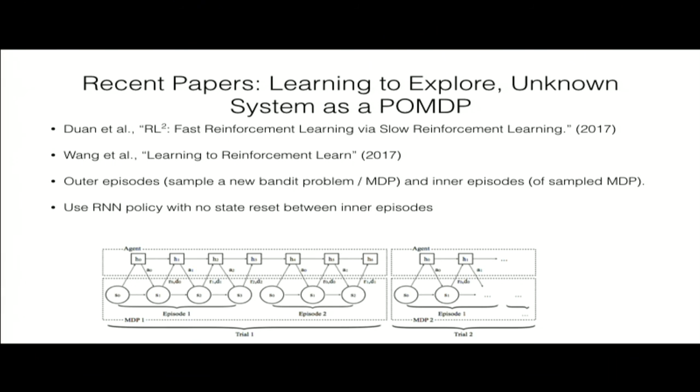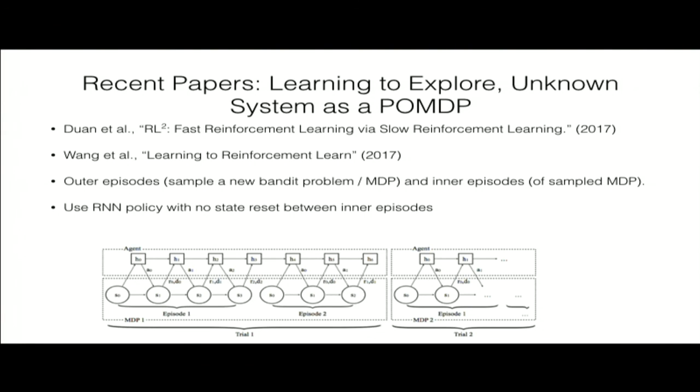Another approach is to take this idea seriously that you should look at the unknown MDP as a POMDP. The way you can set it up to be a little bit more precise is you say that there are inner episodes and outer episodes. So you have this inner MDP, which is just a normal MDP. And you have an outer POMDP, where you sample a random MDP and you act in that MDP for, let's say, 10 episodes.